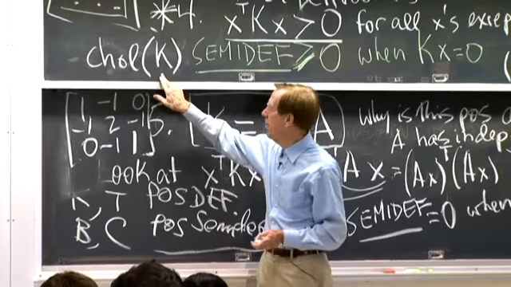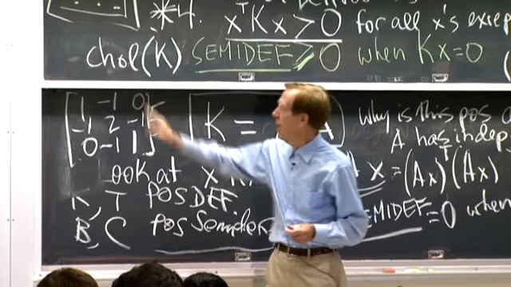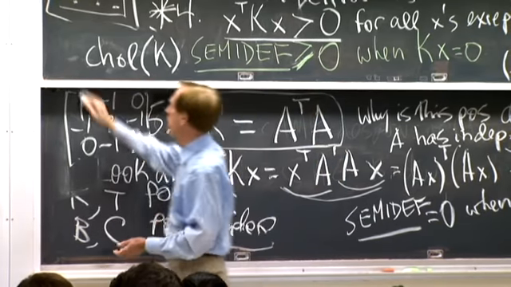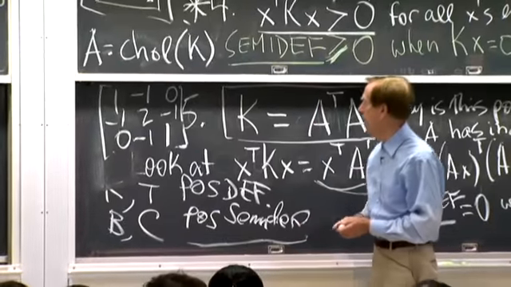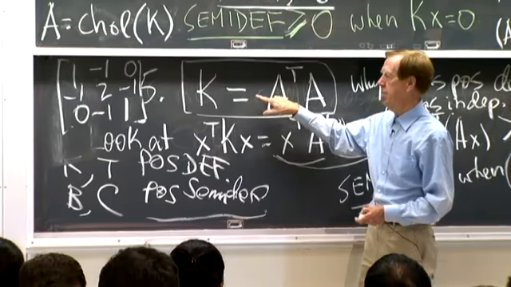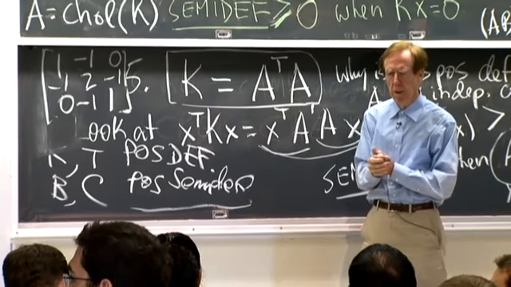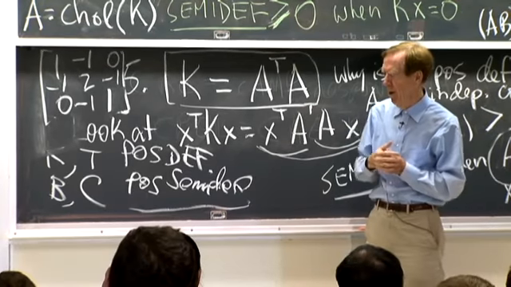If I've defined a matrix that's positive definite, and I use that command, out will pop an A, one particular A that works. Out will pop an A that makes this work. It'll be a square A, and it'll be upper triangular.